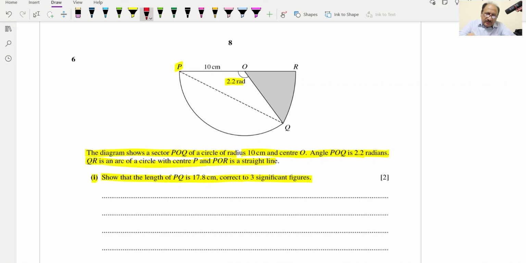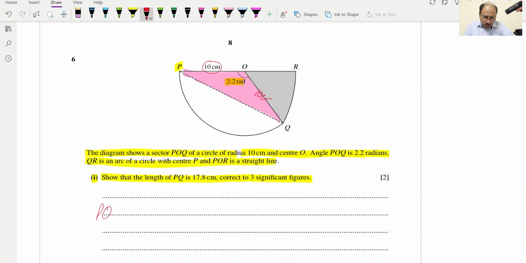If we consider this triangle, we have this side which is 10, and this side will also be 10 centimeters. So we have two sides and their included angle also, so we can find PQ.